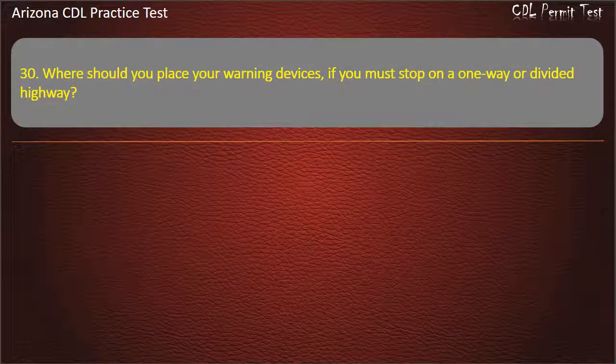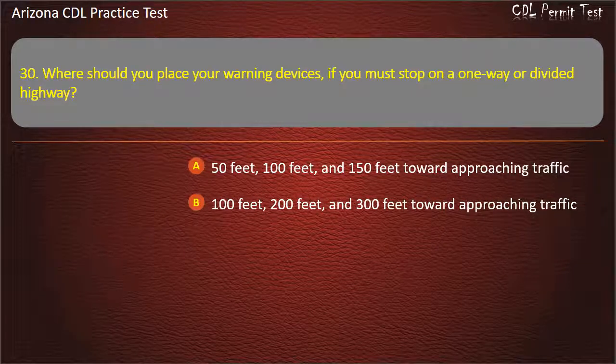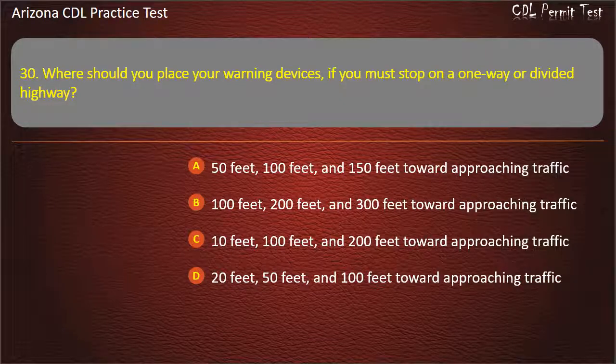Question 30. Where should you place your warning devices, if you must stop on a one-way or a divided highway? 50 feet, 100 feet, and 150 feet toward approaching traffic. 100 feet, 200 feet, and 300 feet toward approaching traffic. 10 feet, 100 feet, and 200 feet toward approaching traffic. 20 feet, 50 feet, and 100 feet toward approaching traffic.